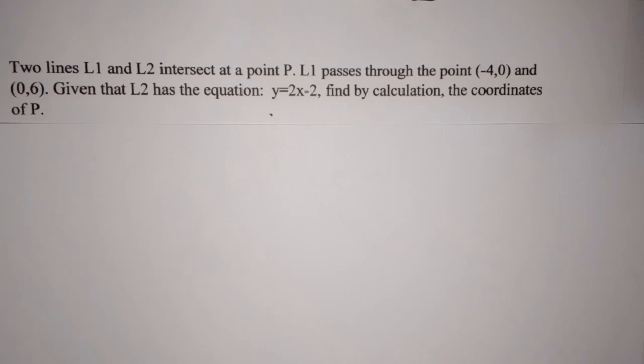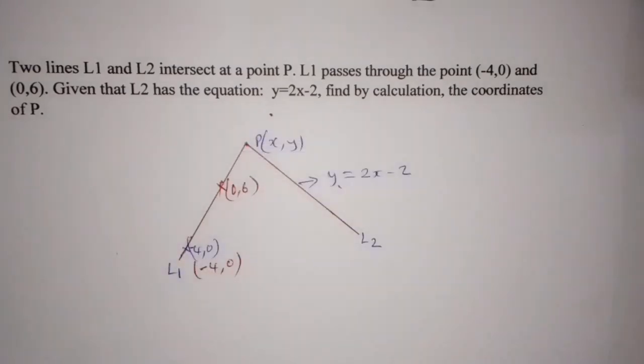Given that L2 has the equation y is equal to x minus 2, find by calculation the coordinates of P. We can draw some sketch like this one here to guide us in solving this problem.